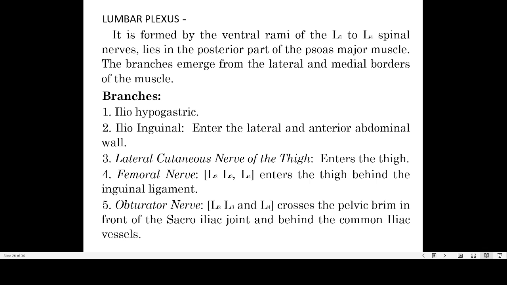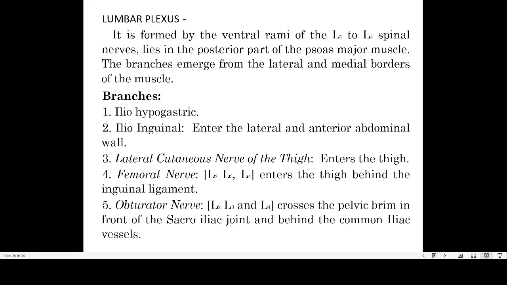The femoral nerve is an important nerve formed by L2, L3, L4 and enters the thigh behind the inguinal ligament. Mainly it is related to the vessels, that is, vein, artery, nerve laterally: femoral vein, femoral artery and femoral nerve.